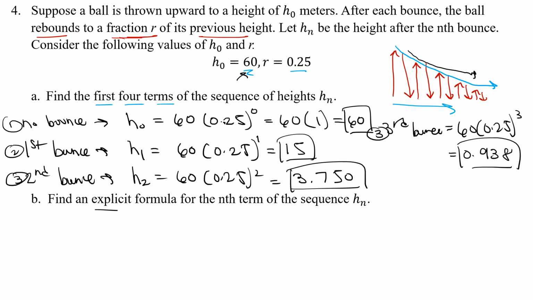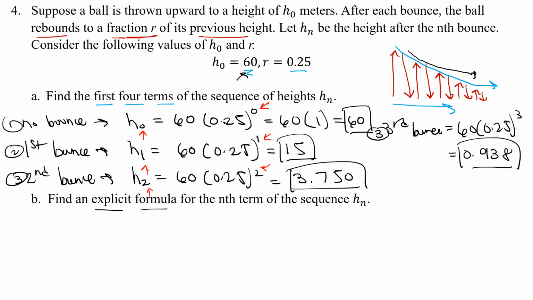Then using that idea, we want to see if we can find the explicit formula for that. If you take note of exactly what we have, look at this subscript and this exponent. What do you notice? They're the same each time.